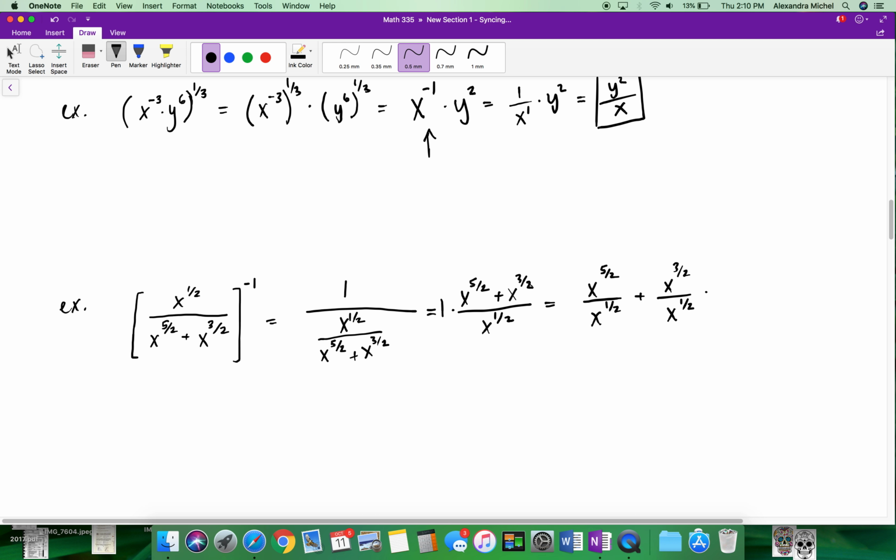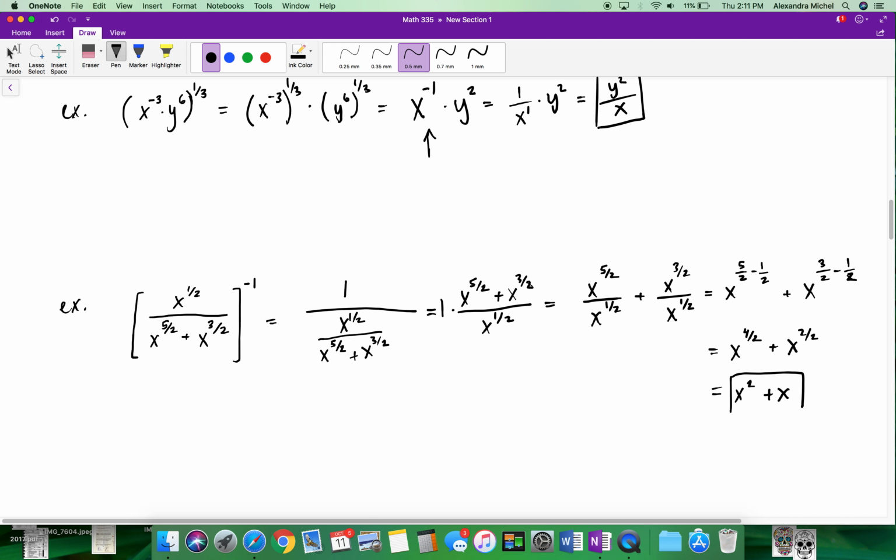I can say this is x to the 5 over 2 minus 1 over 2, plus x to the 3 over 2 minus 1 over 2, which is x to the 4 over 2 plus x to the 2 over 2, or x squared plus x.